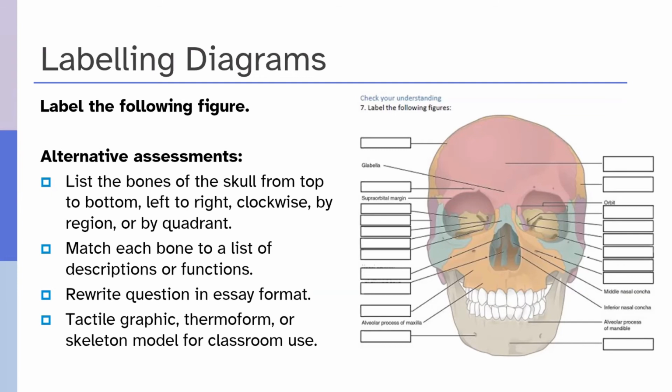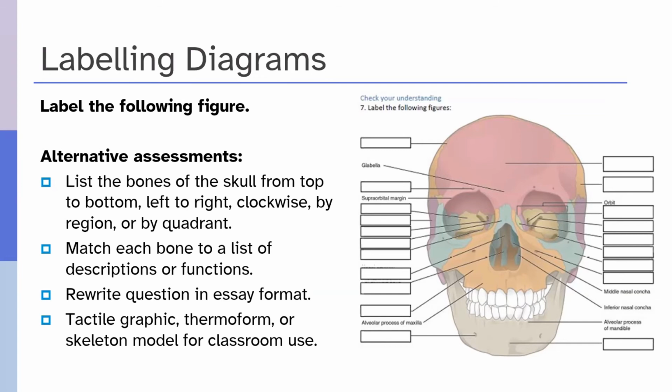So you could use Hugh's example or his method of sector analysis and list the bones of the skull from top to bottom, or left to right, or clockwise, or by region, or by quadrant. So those are all opportunities for the student to demonstrate their knowledge of the location or arrangement of the different features of the skull without having to use a visual diagram.